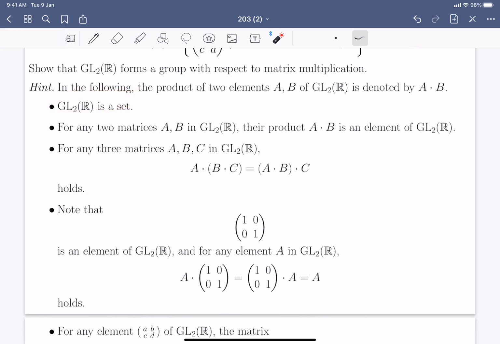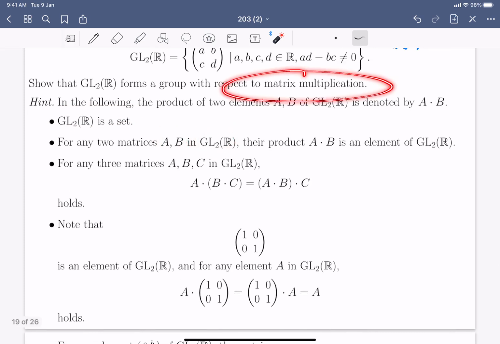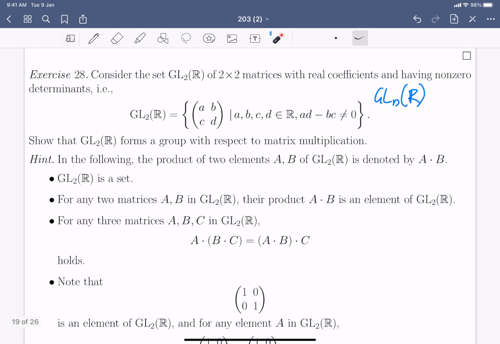So you need to first see that GL2R is a set, and then if you pick two elements A, B from GL2R and combine them using the composition law given, then the output has to be an element of the same GL2R. So the output is A times B, and you know that product of two 2 by 2 matrices is a 2 by 2 matrix, and if those two matrices have got non-zero determinant, then this product also has got non-zero determinant, right?